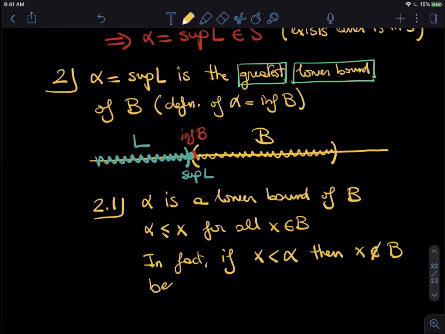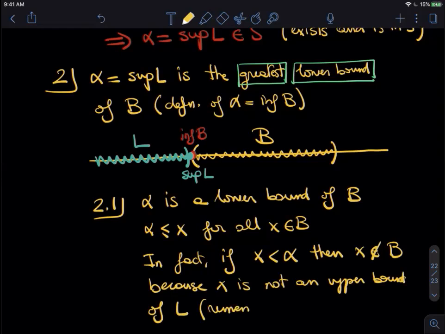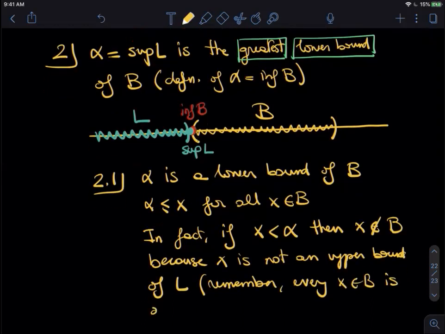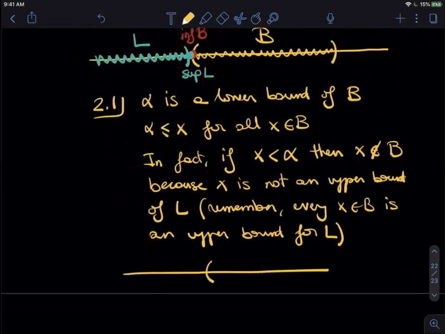Because x is not an upper bound of L. Here, remember, every x in B is an upper bound for L. So basically, if you think about the diagram, here you have your B, and here you have your alpha.